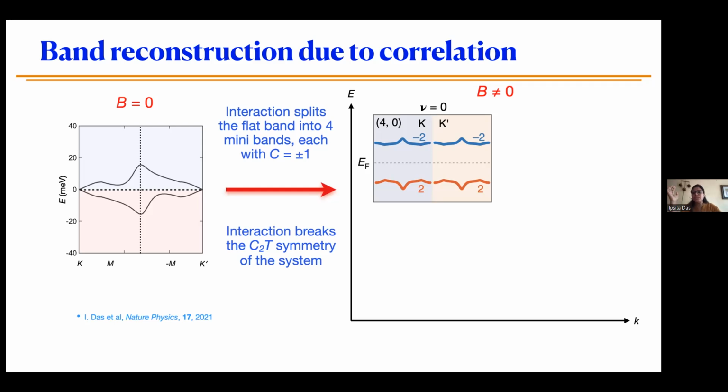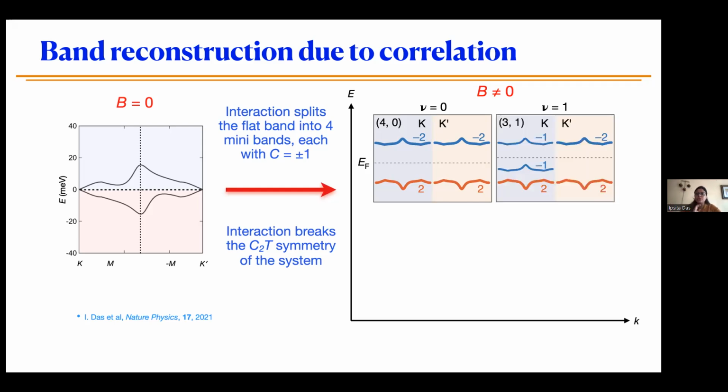nu equals 0 means charge neutrality point. So I didn't change my carrier density yet. I'm exactly at 0 carrier density at 0 energy level. And I have two orange bands which have, let's say, Chern number +2, and two blue bands which have Chern number -2, right?